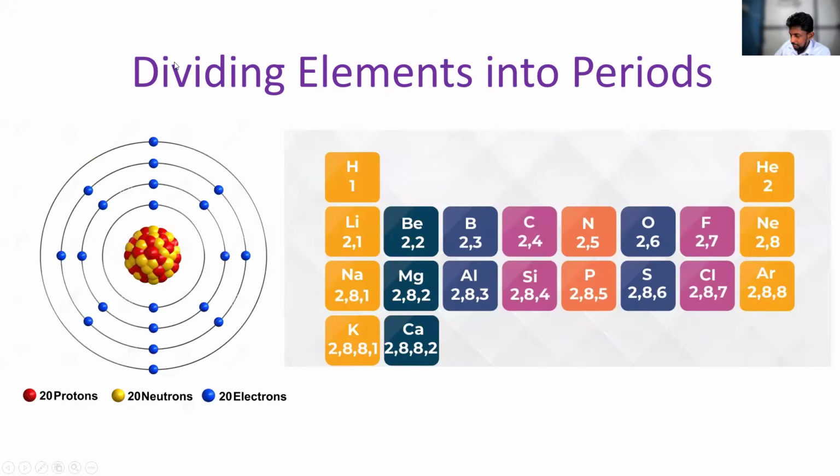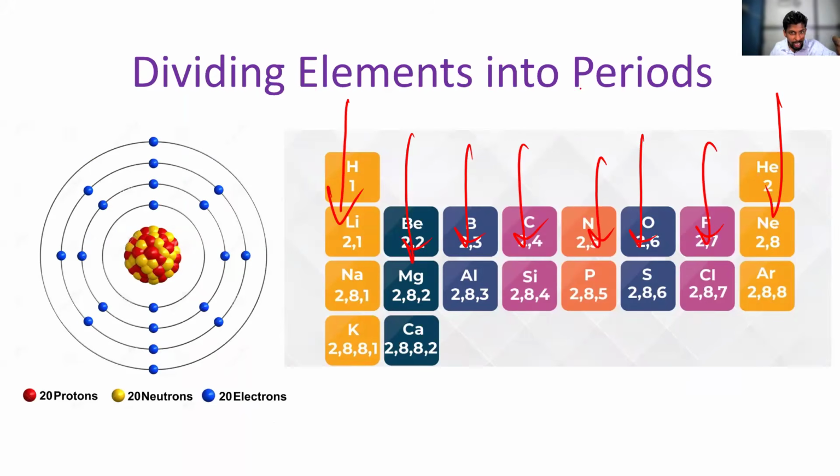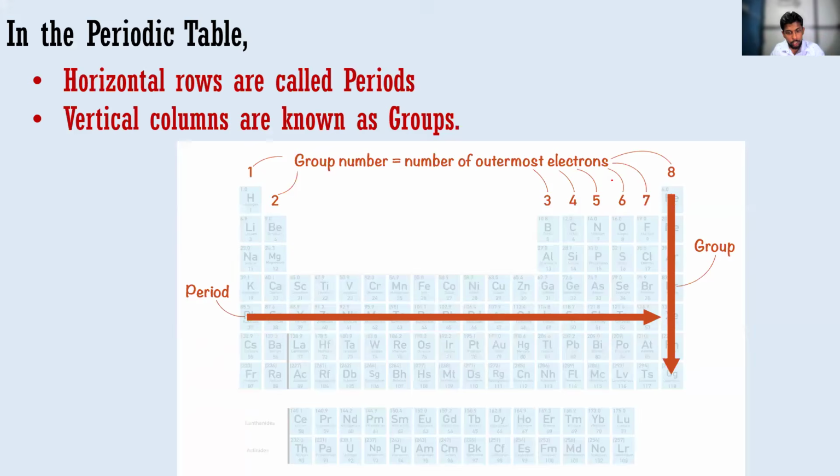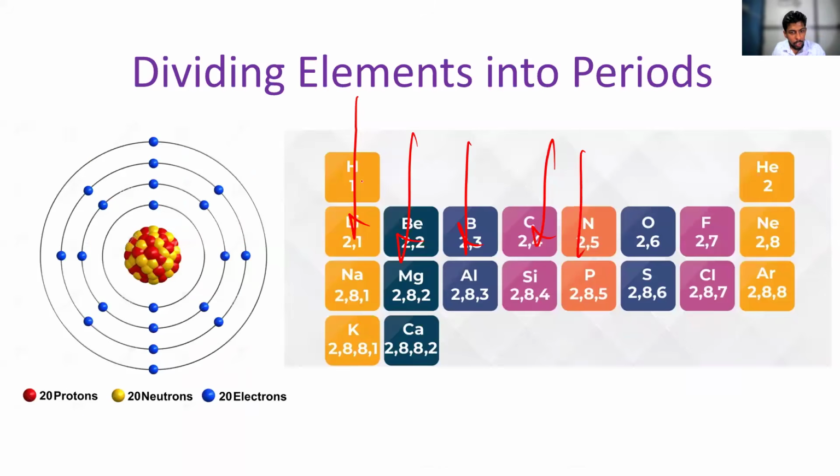Before moving to that, these columns are named the groups. Totally, we have 8 groups: 1, 2, 3, 4, 5, 6, 7, 8. Now the rows: totally we have 4 rows, and these 4 rows are named the periods.